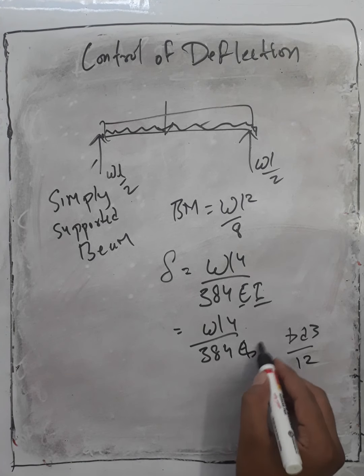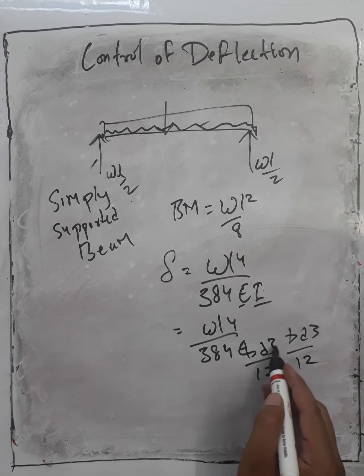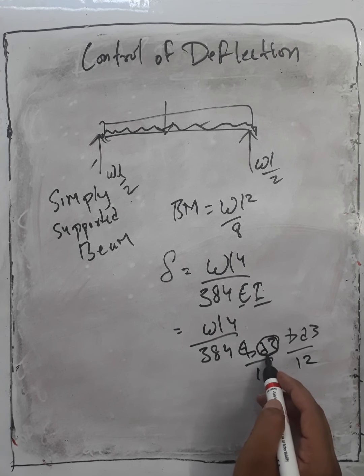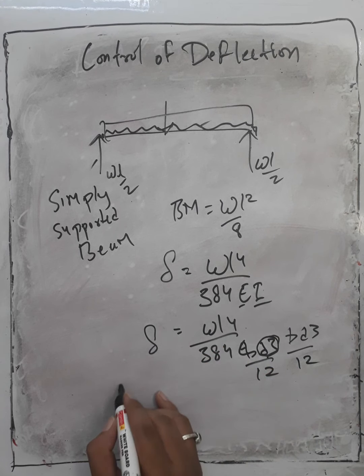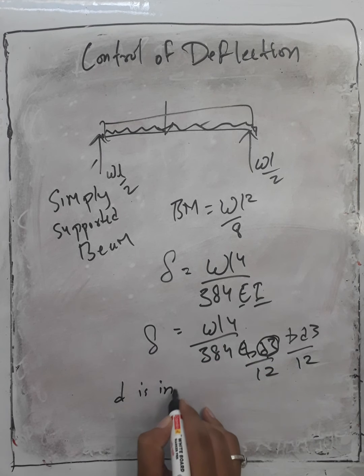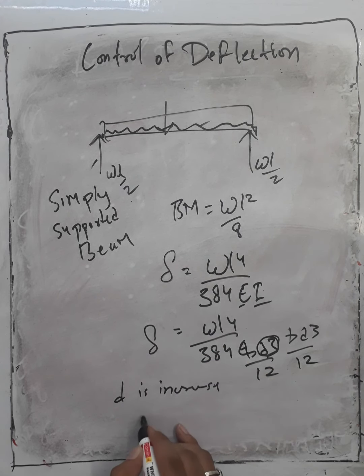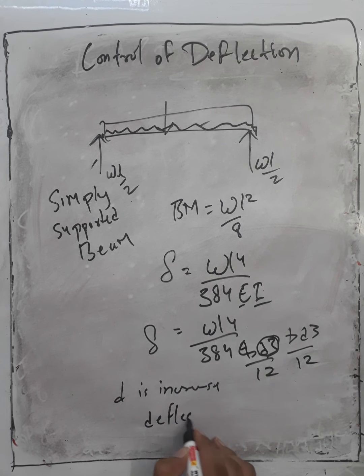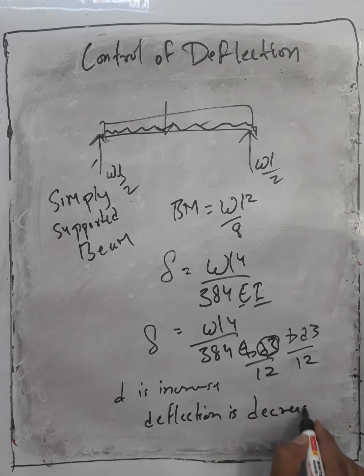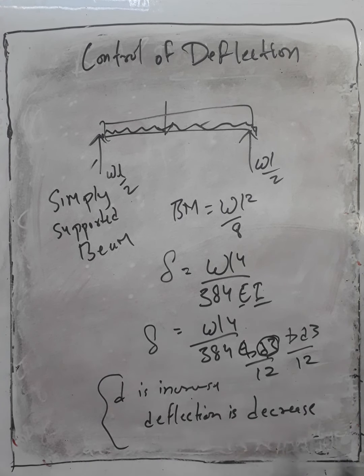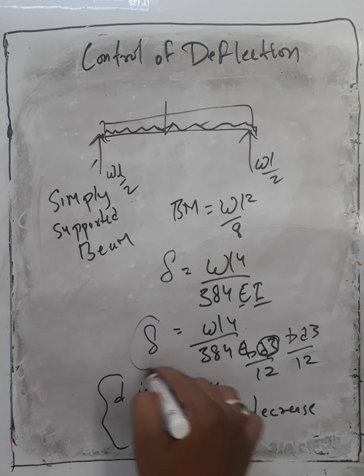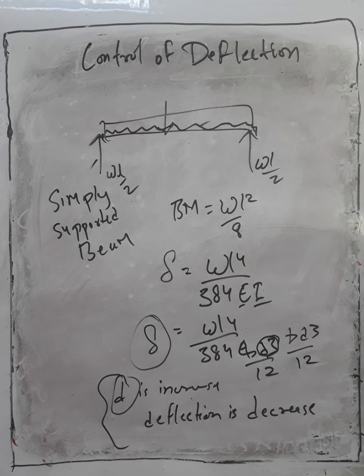So in BD cube by 12, if the D value is greater, that means deflection is less. If D increases, deflection decreases. If D decreases, then deflection increases. It means deflection depends on depth.